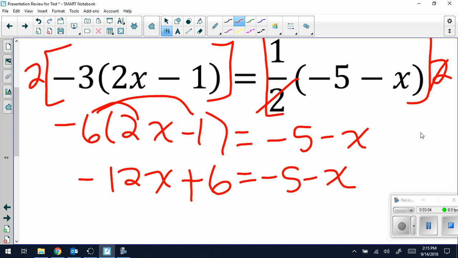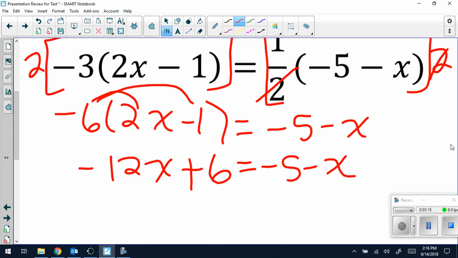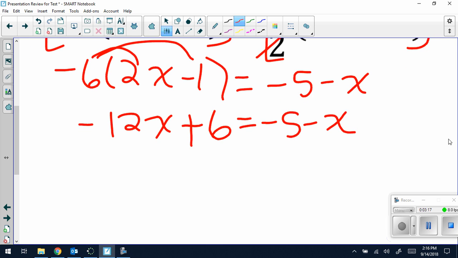And now it's like the others. Again, I could have distributed the 1/2, but I don't want to deal with fractions, especially if I have to add or subtract them. So to make life easier, I multiplied both sides by 2 to get rid of the fraction. All right, now I'm going to add 12x, because then I deal with positive numbers over here.